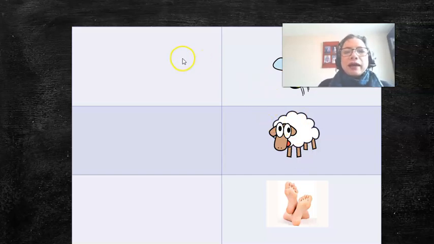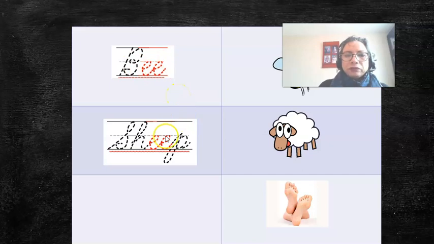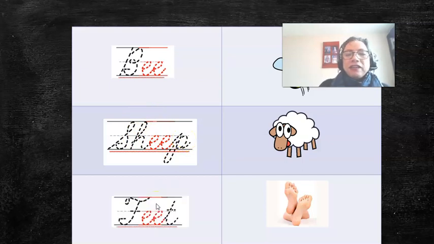The first one is bee: B, tree E. You see the tree E here? Bee. Second one, sheep: sh, tree E, P. And here, feet: f, tree E, t.